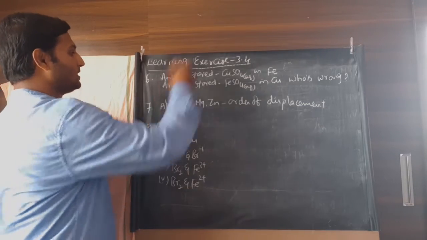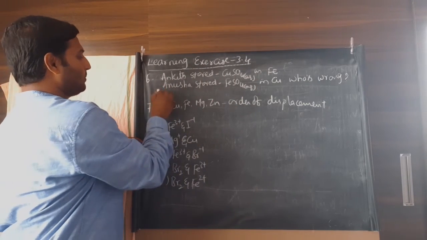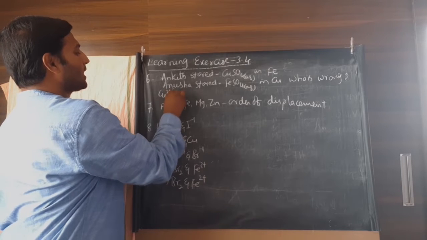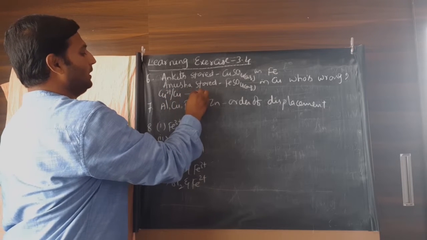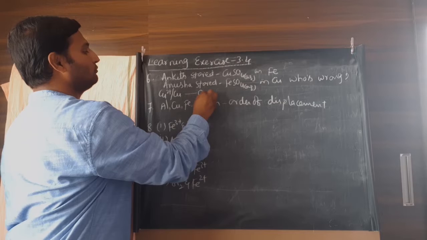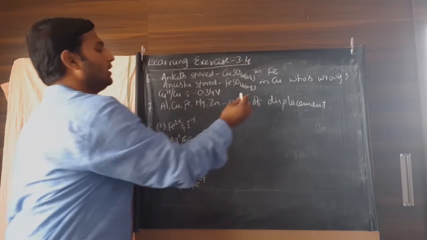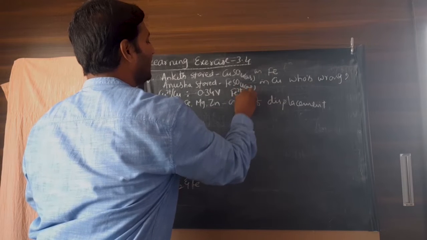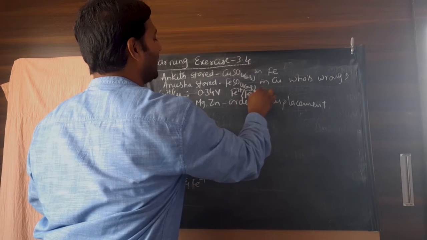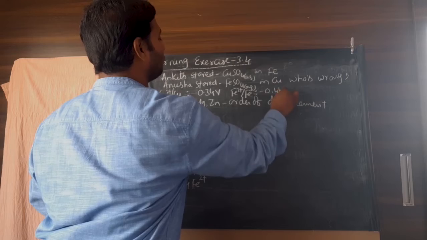You can clearly understand here, if you go to your electrochemical series, the copper 2 plus / copper couple has a potential of 0.34 volts. The ferrous iron couple has a potential of -0.44 volts.